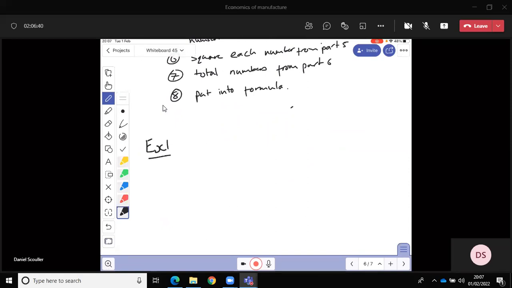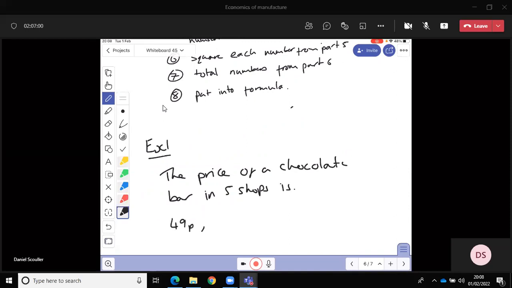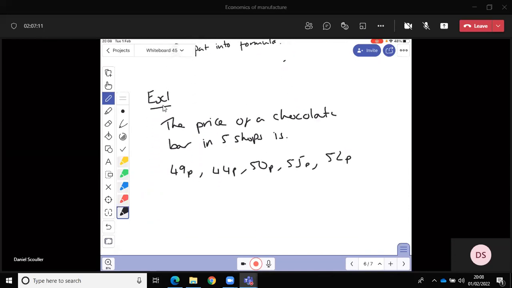The price of a chocolate bar in 5 shops is 49 pence, 44 pence, 50 pence, 55 pence, 52 pence.